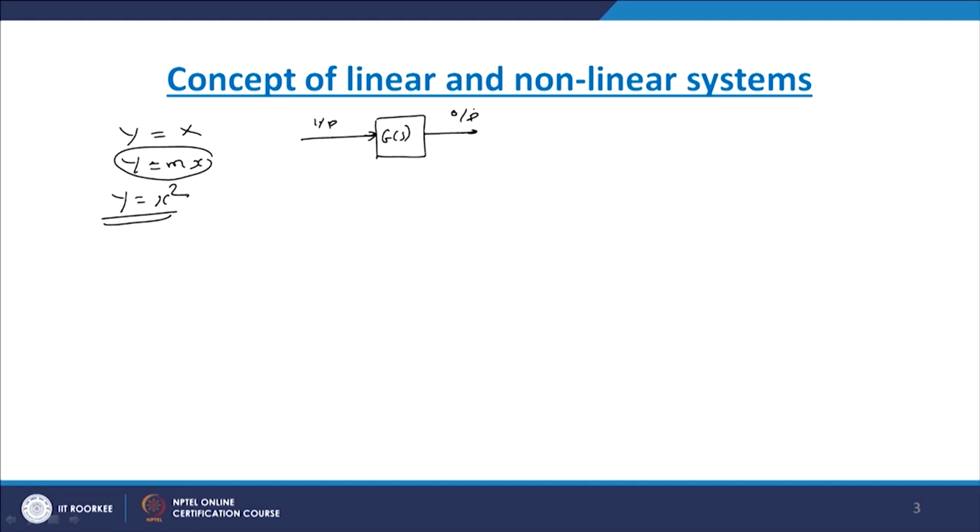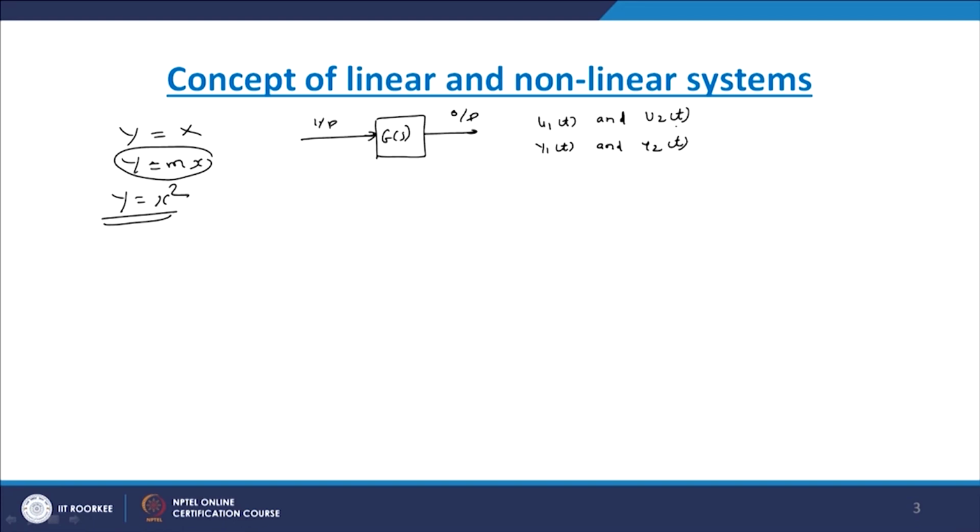Let us say the input for this plant is given as u1 of t and u2 of t, and the output is y1 of t and y2 of t. So, 2 inputs, 2 outputs.